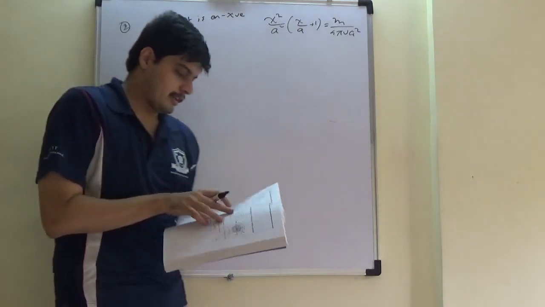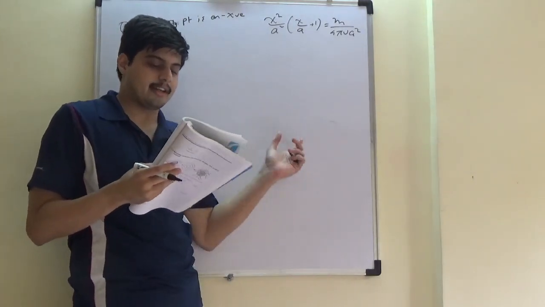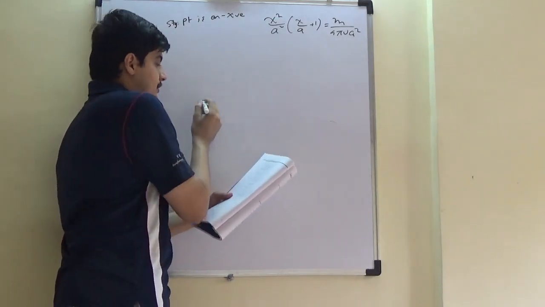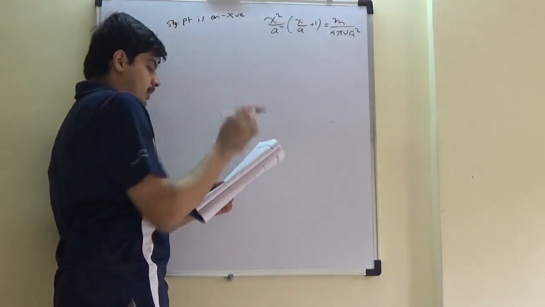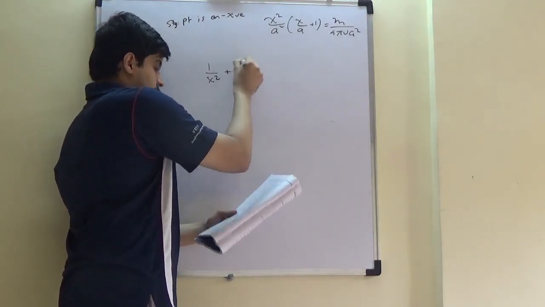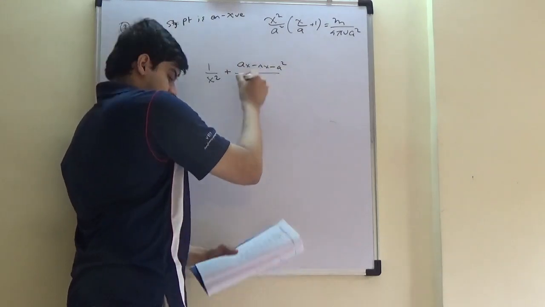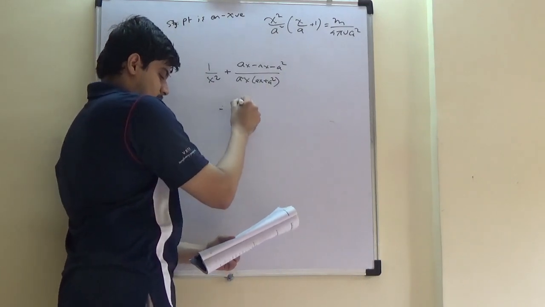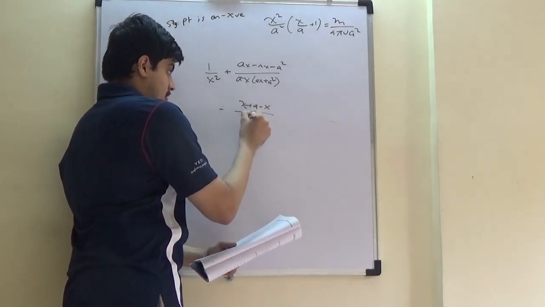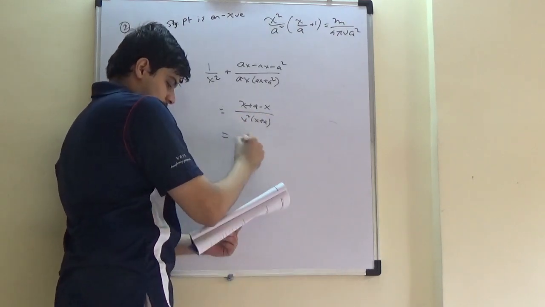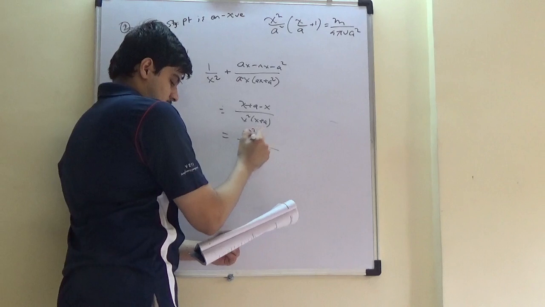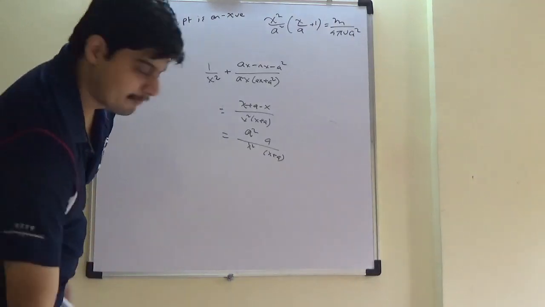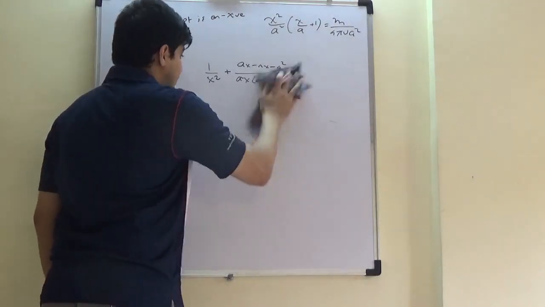Now this equation you could have easily identified after doing the integral, right? Because you don't have to worry too much about the triviality of this. The 1 upon x square component, ax minus a square upon ax plus a square. So this would be left as a minus x upon x square, x plus a, right? And you would be left with a square upon x square, a upon x plus a. So this form. You can easily satisfy yourself by taking these 3 steps.